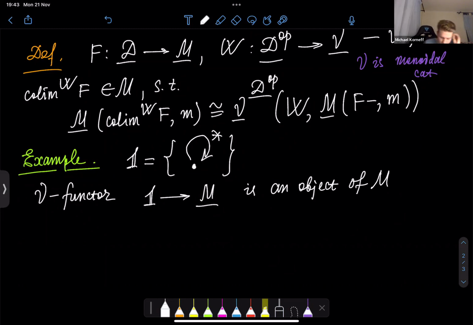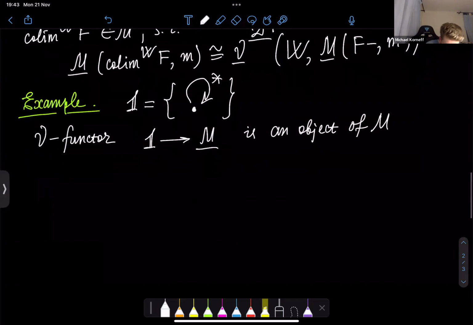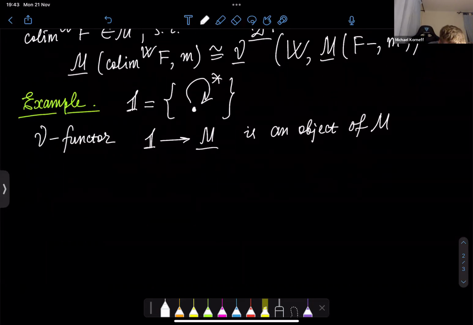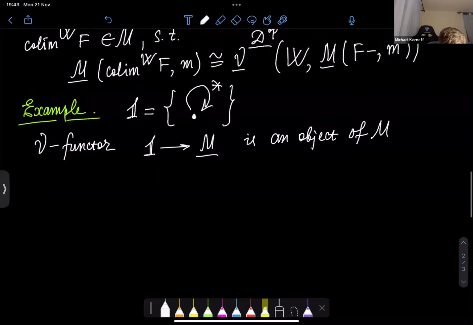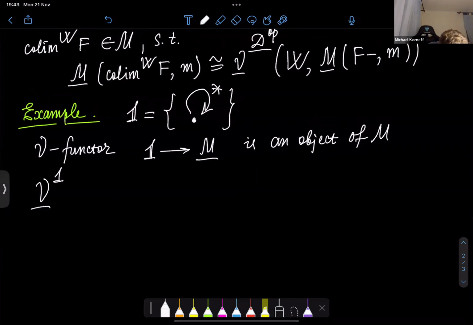So we can identify the V-category of functors with this category.